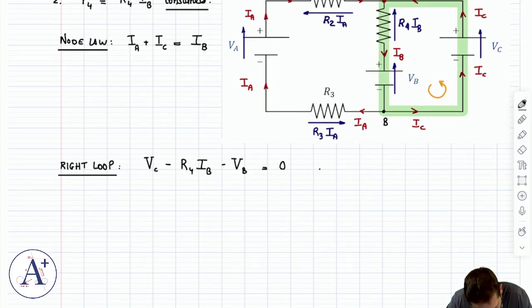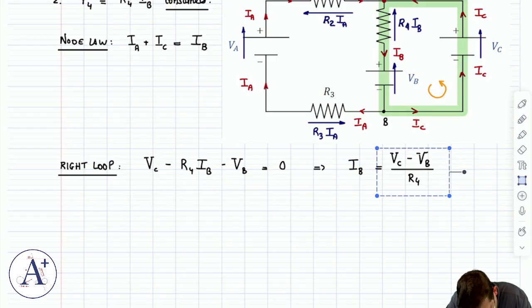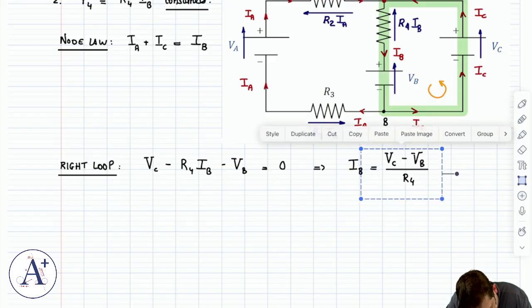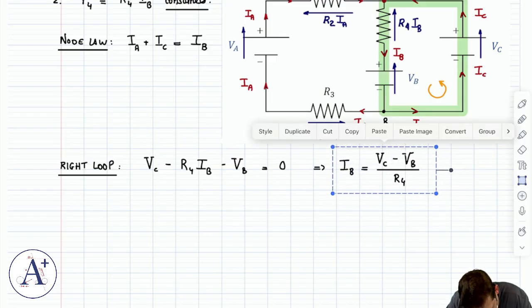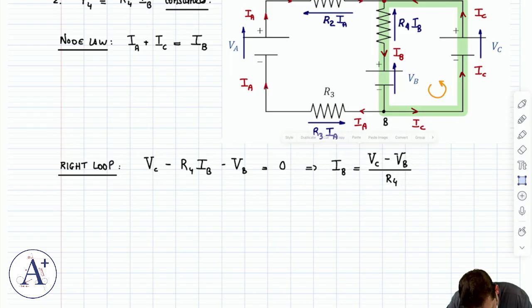Okay, well, so that means that if I solve that, I can just directly get IB is going to be VC minus VB divided by R4. Okay, I can compute that. I know VC, I know VB, and I know R4.